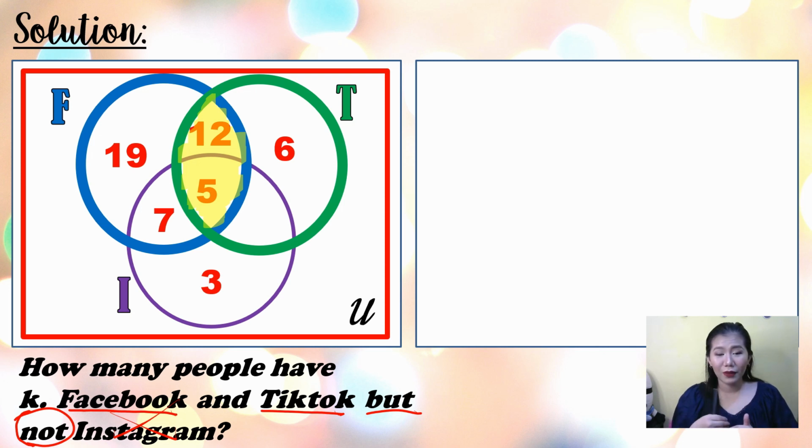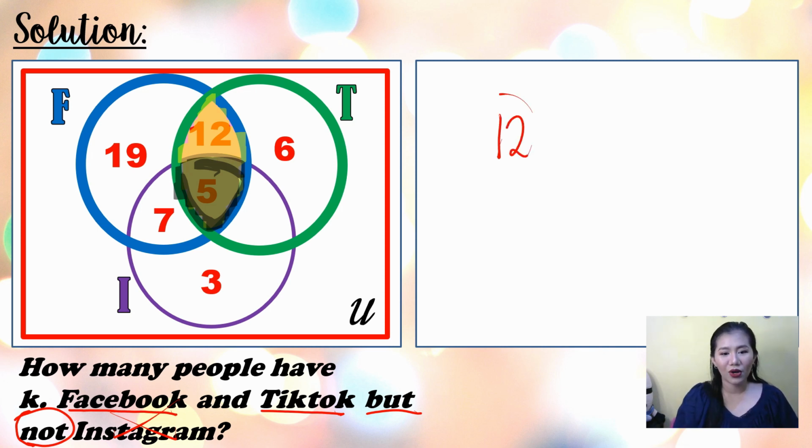Kumbaga, yung 5 na nasa ilalim nun, nag-overlap, okay? Ang gagawin natin ngayon ay tatanggalin natin yon. We have to erase that black portion. Alright? Pag na-erase na natin, nasaan yung sagot? Kung ano yung shaded portion, yun yung sagot. So, if I'm going to shade it for you, there. Okay? So, that part tells us that that is the answer. So, 12. No more computation.